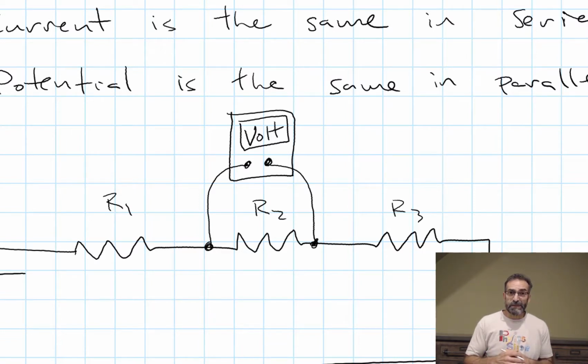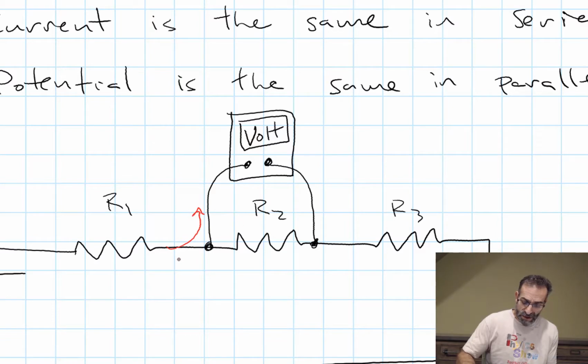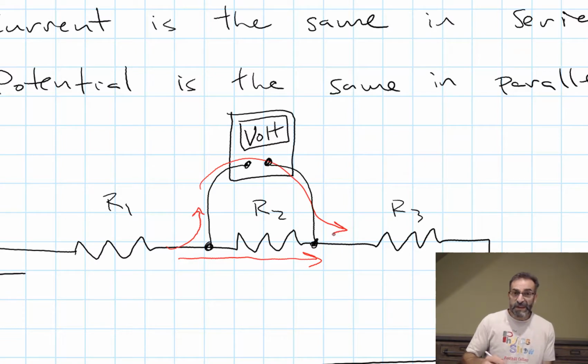When we hook up our voltmeter, if some of the current takes the path through the voltmeter instead of going through R2, we've changed the voltage across R2. What we're measuring with our voltmeter hooked up in parallel to R2 is not the voltage across R2 when the voltmeter is not hooked up in the system. Because as soon as we hooked it up, we've changed the flow of current, we've changed the circuit, and we've got a slightly different voltage on R2 now.